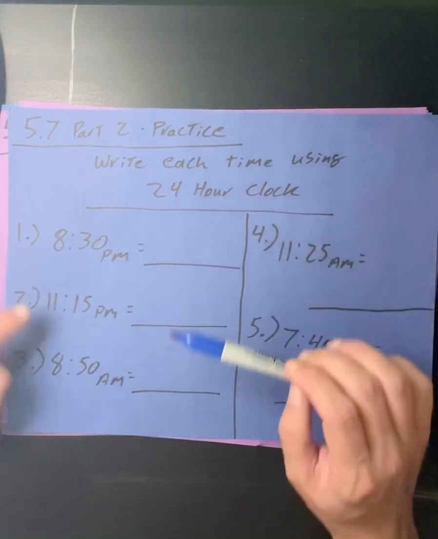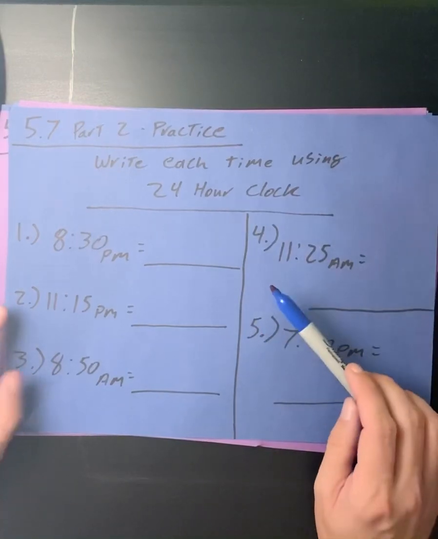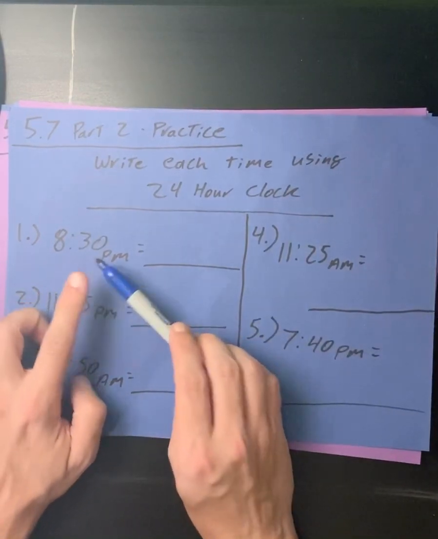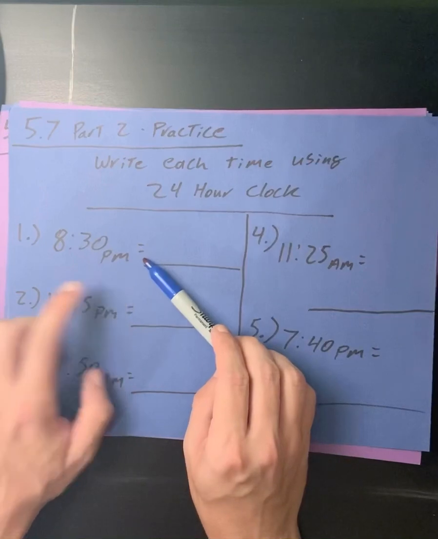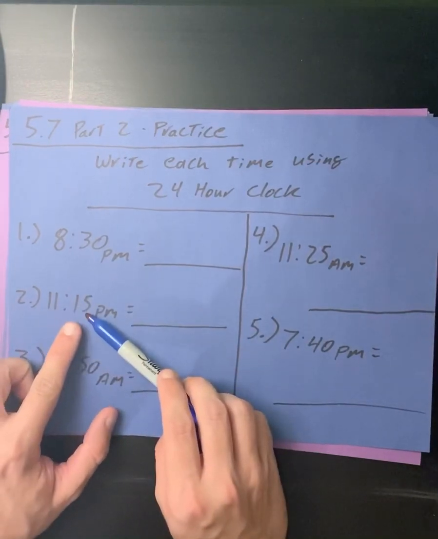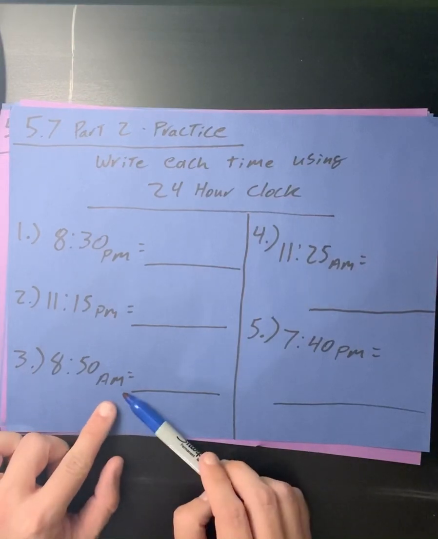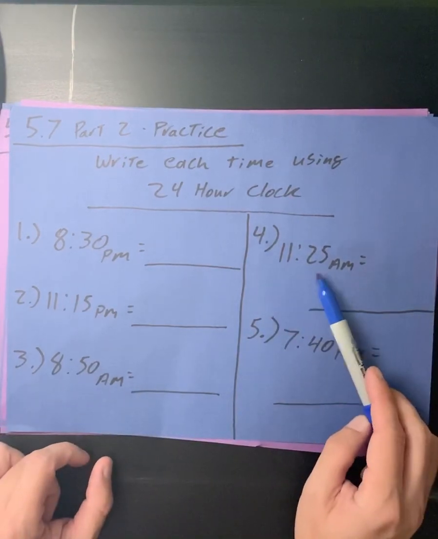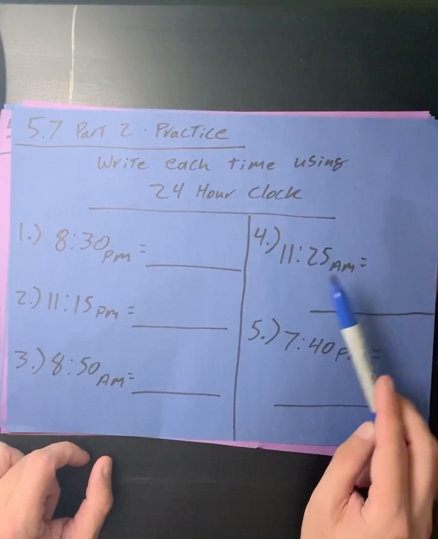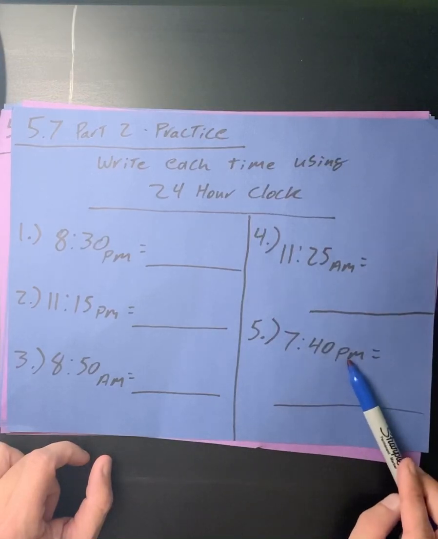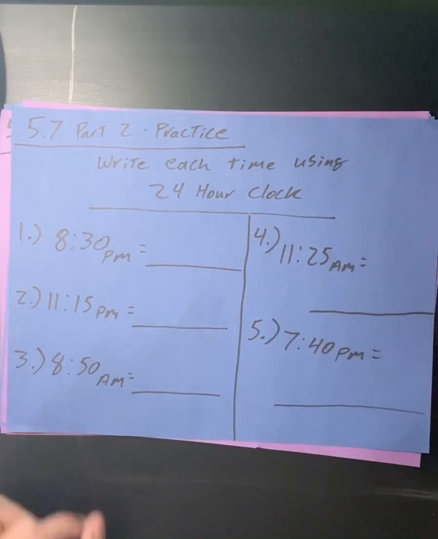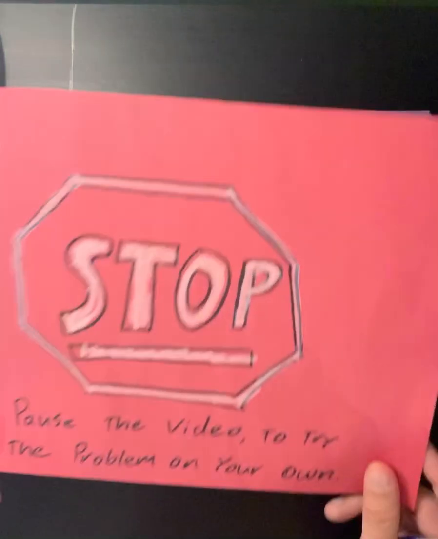So the 5 numbers I want you to convert into 24-hour time: 8:30 p.m., 11:15 p.m., 8:50 a.m., 11:25 a.m., and 7:40 p.m. Take a moment to pause the video.